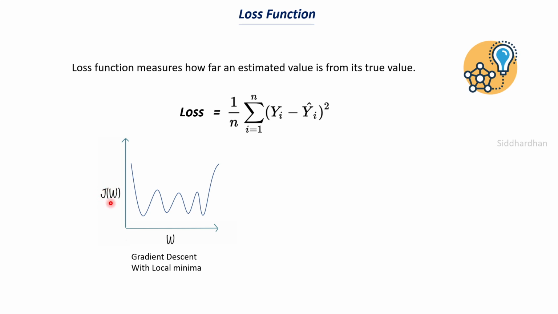I'll explain the difference between loss function and cost function in the upcoming slide. But for now, remember that on the y-axis we take the loss function or cost function, and on the x-axis we take the weight value and bias value. We will try to find the loss function value for different parameters. We keep changing the weight value and bias value and try to see for which parameter values the loss function is very low.